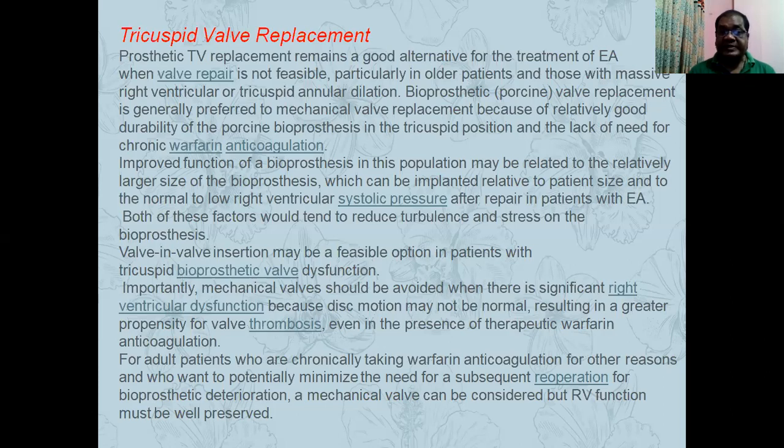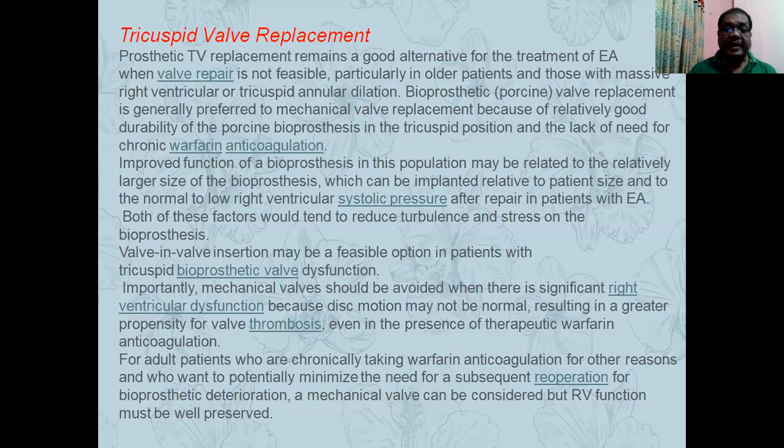Bioprosthetic or porcine valve replacement is generally preferred to mechanical valve replacement because of the relatively good durability of the porcine bioprosthesis in tricuspid position and the lack of need for chronic warfarin anticoagulation.